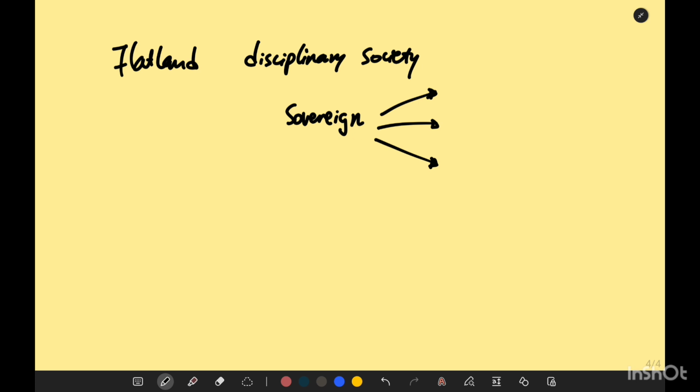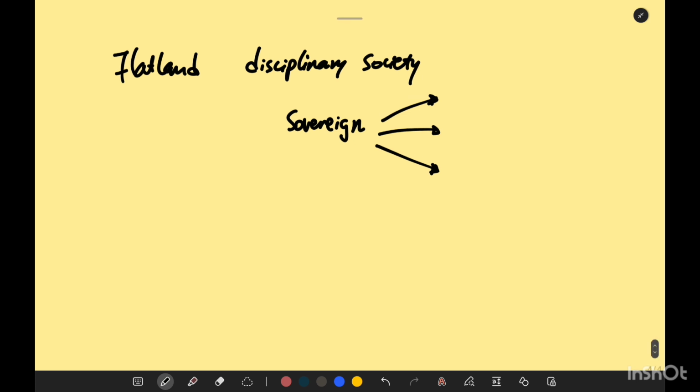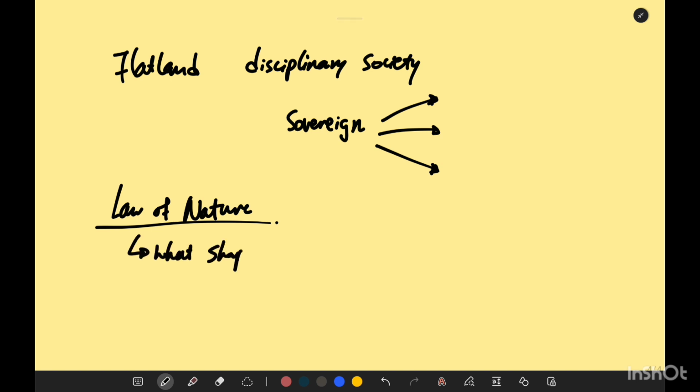They are already doing it, and it is very clear because everyone in Flatland seems to acknowledge the fact that there is a law of nature that they must follow. This law of nature has to do with what kind of shape they are, and that decides the hierarchy.